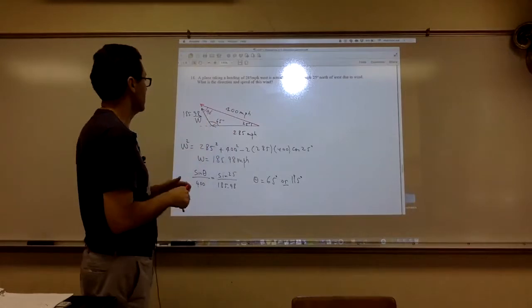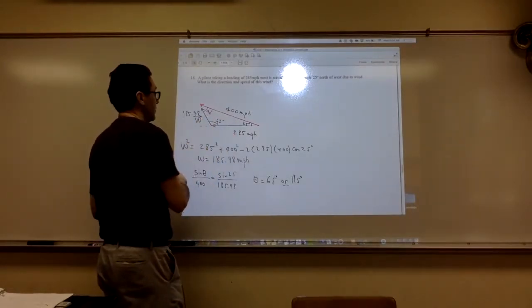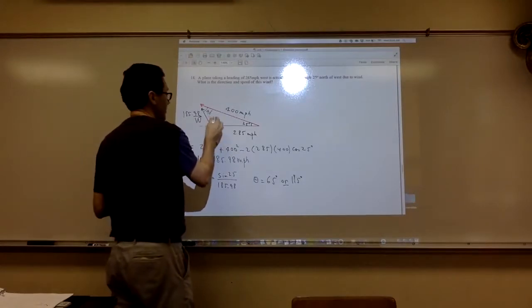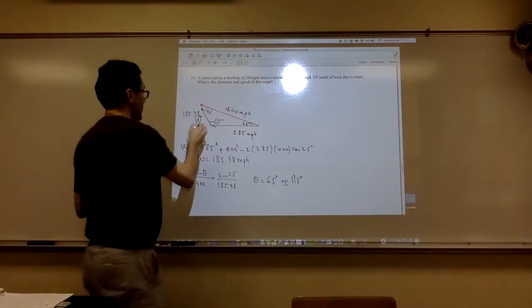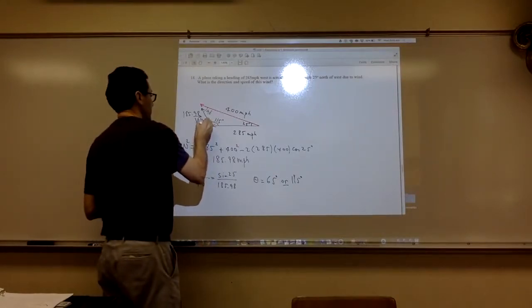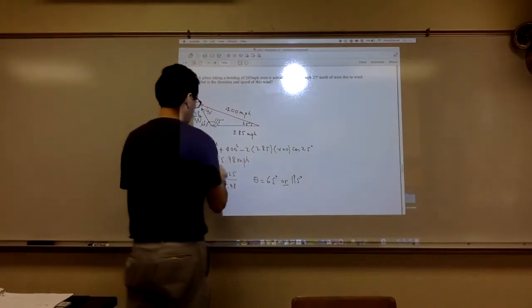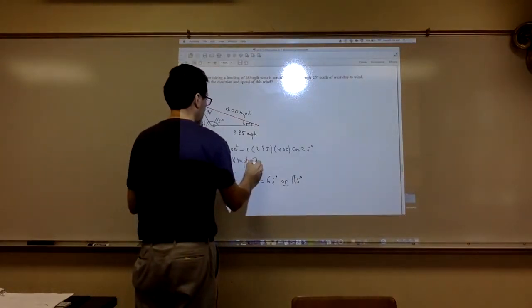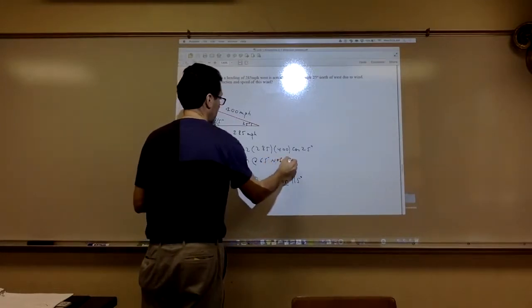That doesn't make sense, because across from the 90, I should have a bigger number than 400. So this has to be 115, which leaves us with 65 here, because that's 180. So the answer should be 185.98 at 65 degrees north of west.